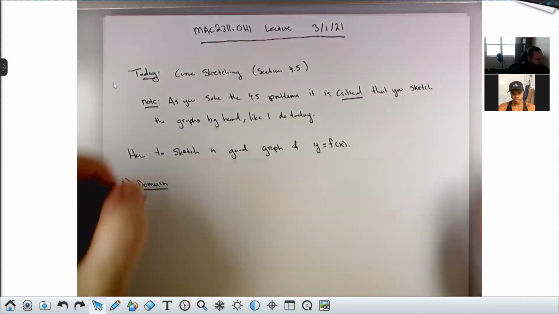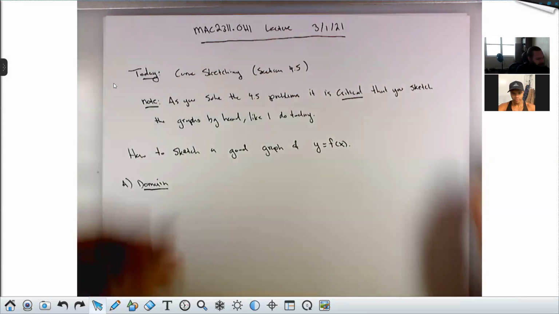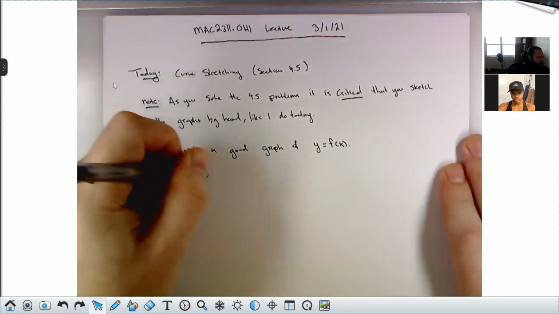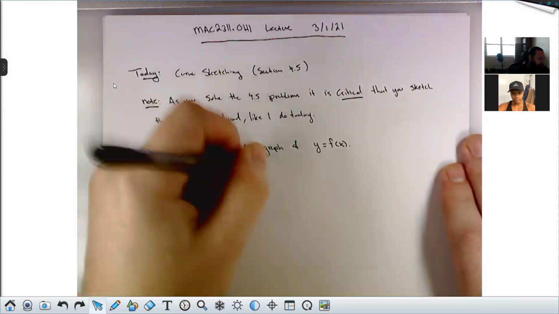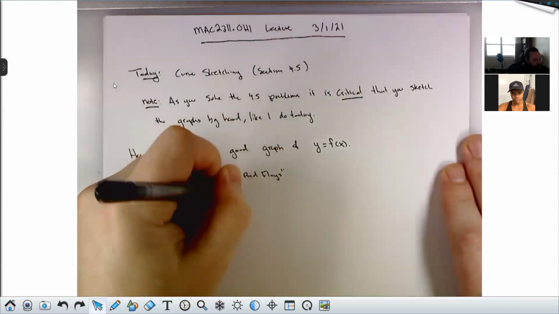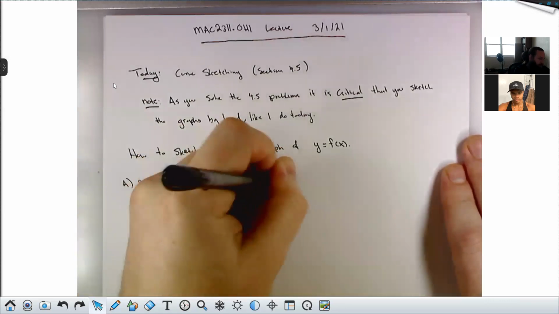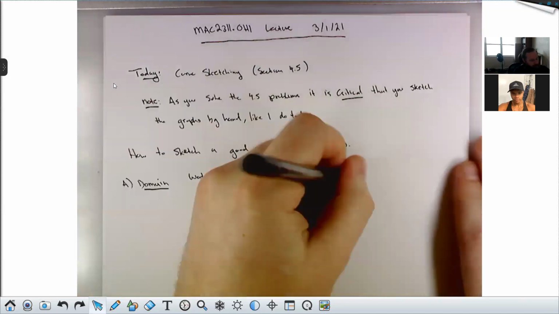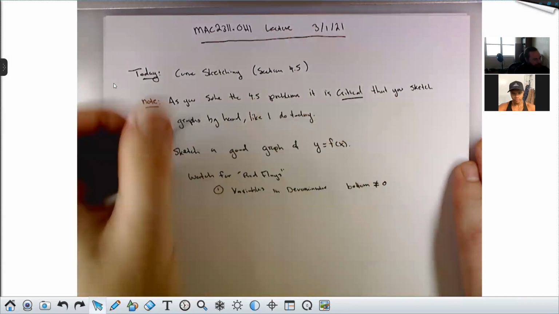We need to know the domain to know whether any of the things we find later are critical numbers or not. Remember, the key to doing this is to watch out for red flags. The red flags are variable stuff in the denominators of any fraction. You know, the bottom is not allowed to be 0.